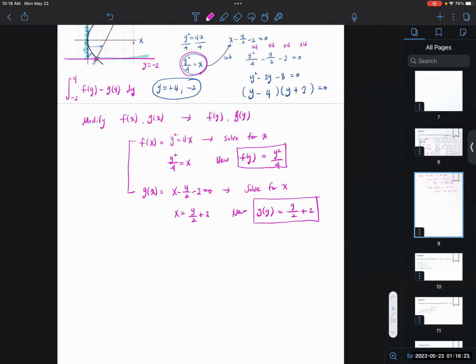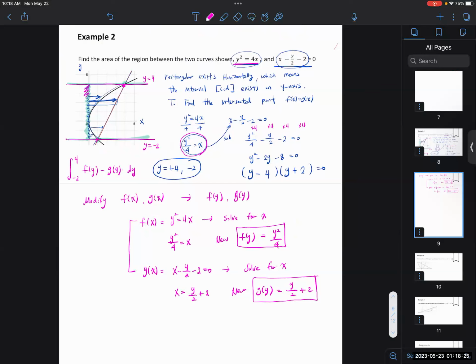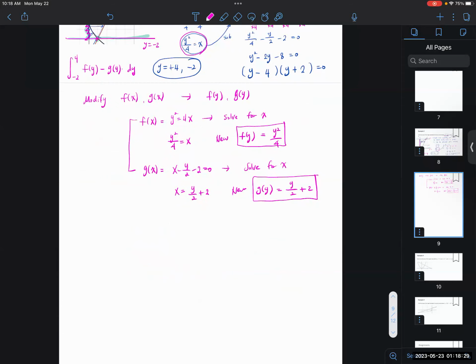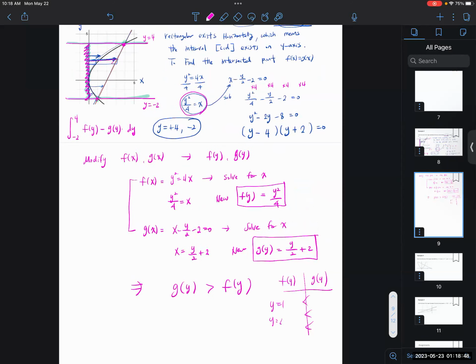So we know that on the y-axis interval, the linear is always higher. Here we check that g of y is always larger than the f function. You can compare f of y and g of y when y equals 1, y equals 2; the g function height is always higher. We can see visually the linear height is higher than the quadratic function in terms of the y variable.